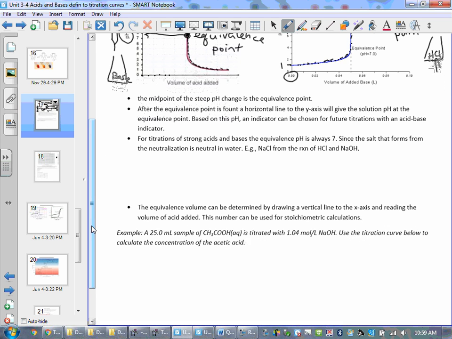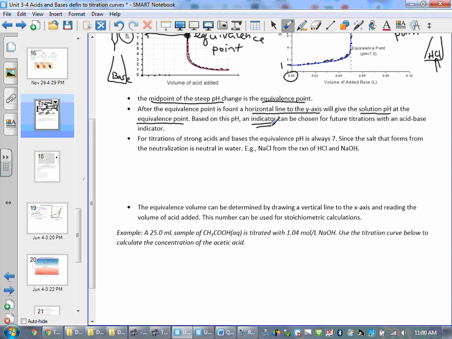Okay, so the midpoint of the steep pH change is called our equivalence point. After the equivalence point is found, a horizontal line to the y-axis will give us the solution pH at the equivalence point. Based on this pH, we can choose a good indicator.